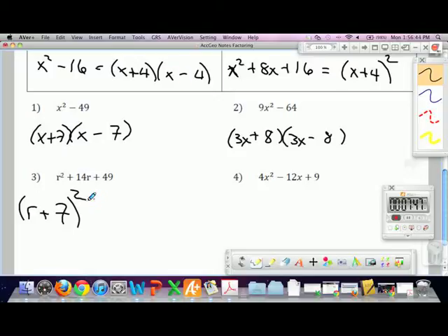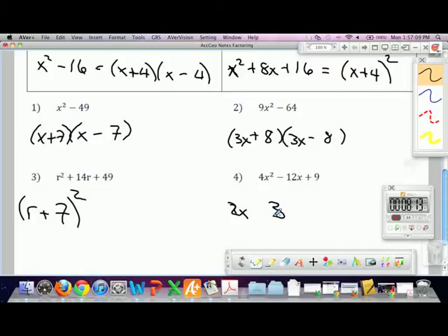Okay. The perfect square trinomials. Let's check. I put it on here, so it's probably going to fit. Let's make sure it does fit the pattern. Are there two perfect squares on the ends? Yeah. So the square root of the first one is 2x, and the square root of this end is 3.